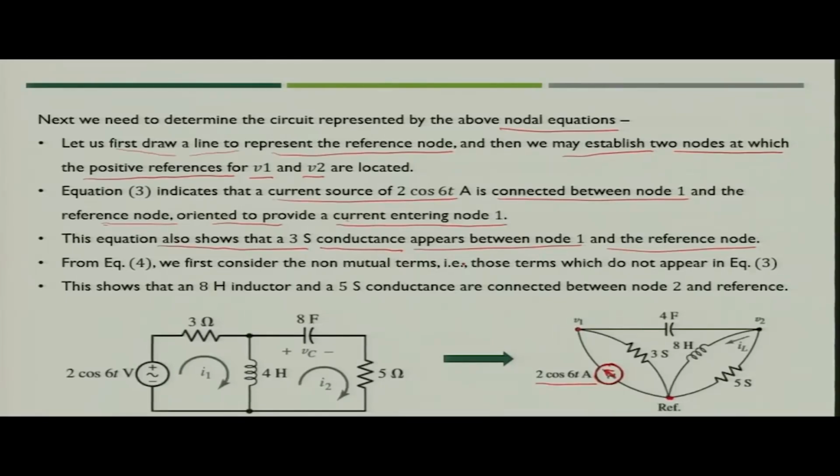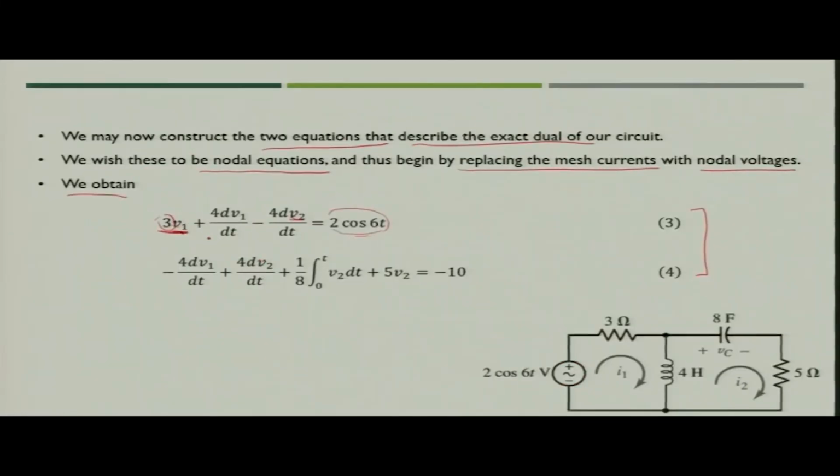So, 3 S conductance would essentially be connected between the reference and node 1 only. Now, let us come to equation 4. We will discuss the two terms that are the same later, because both define something which is common to both of the nodes.